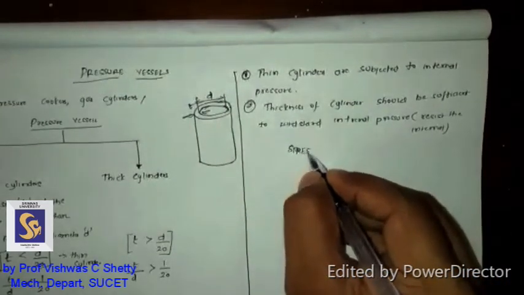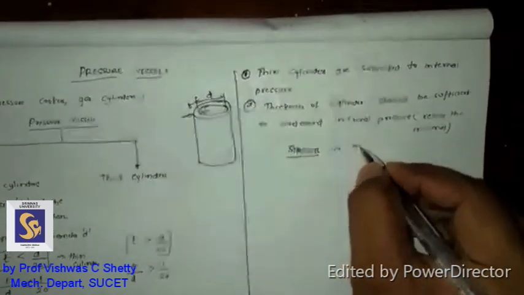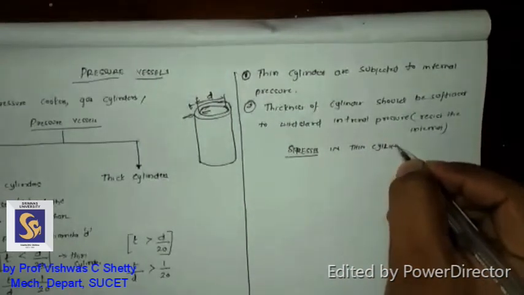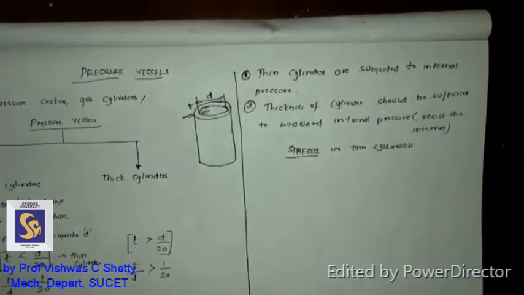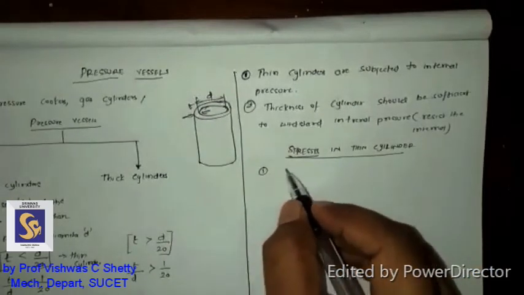So let us see the stresses in cylinder. Next, write down stresses in thin cylinder. So there can be two types of stresses in thin cylinder.